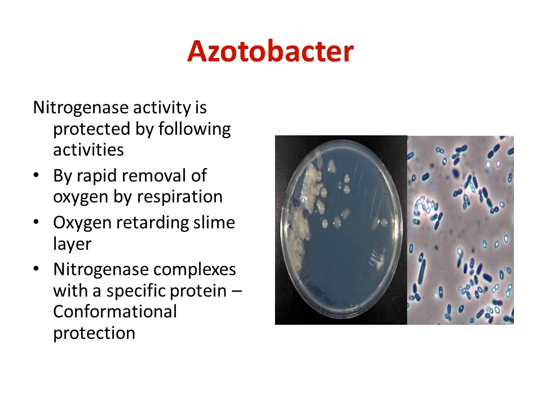So in the case of Azotobacter, the nitrogenase enzyme activity is protected in the following ways: by rapid removal of oxygen by respiration, by producing a slime layer around each cell so that the penetration of oxygen is minimized, and the nitrogenase complexes with a specific protein so that there is a conformational change. This is also called conformational protection.